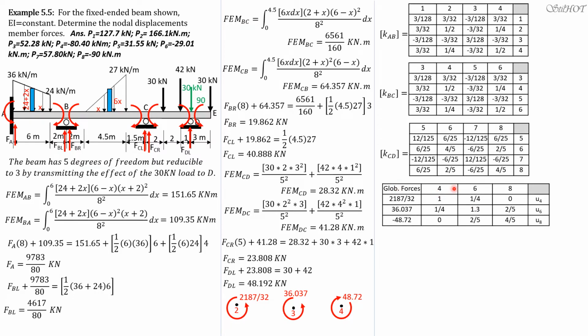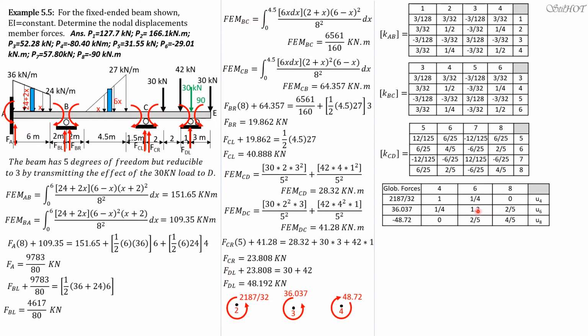So global forces, we consider only U4, U6, and U8, and here it is. So for this cell here, 4, 4, we have 1 half and another 1 half. So 1 half plus 1 half equals 1. 4, 6, 1 fourth.